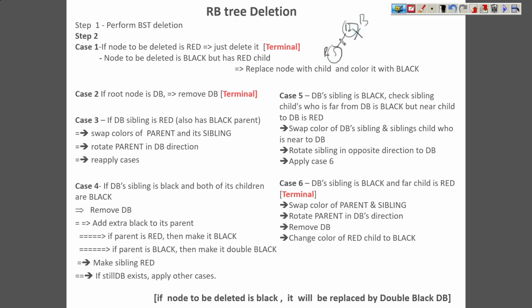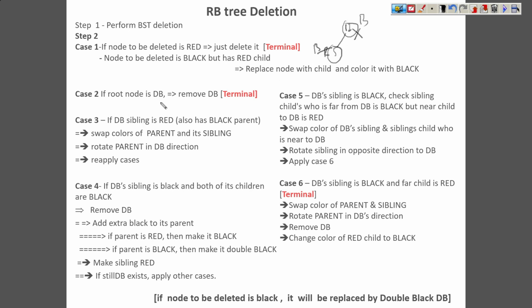So what we do, generally, for this we simply replace this node with 5, and also we change the color from red to black. So the impact on the black height will have no negative impact, because we delete one black node and then we added one black node. So the black height will remain the same for all the paths.